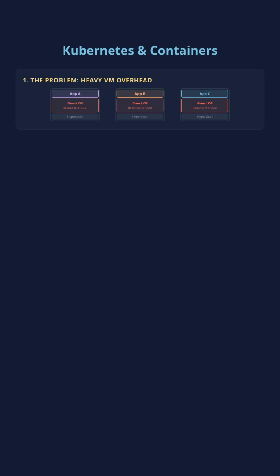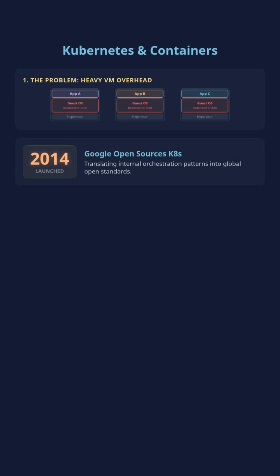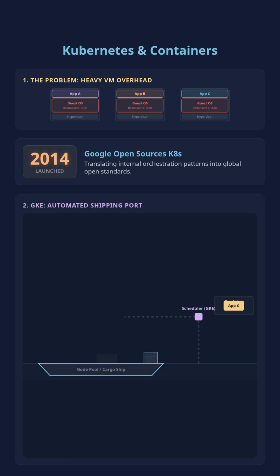But managing raw virtual machines gets messy as you scale. This is why Google open-sourced Kubernetes in 2014, now managed on GCP as Google Kubernetes Engine, or GKE. Think of GKE as an automated shipping port. Instead of configuring entire operating systems, you pack your code and its dependencies into lightweight Docker containers.